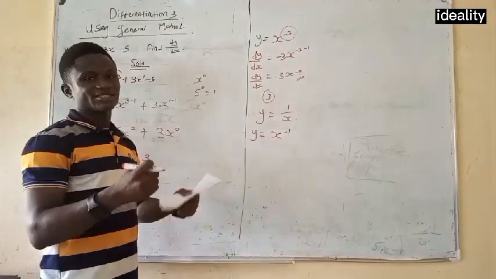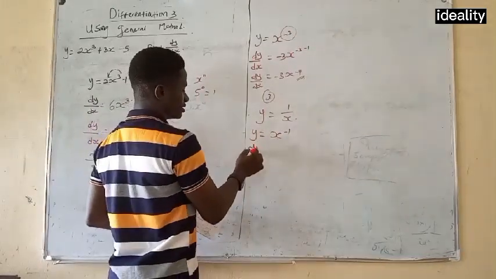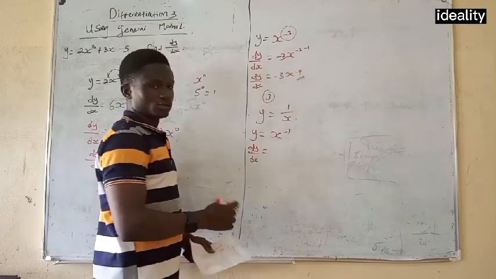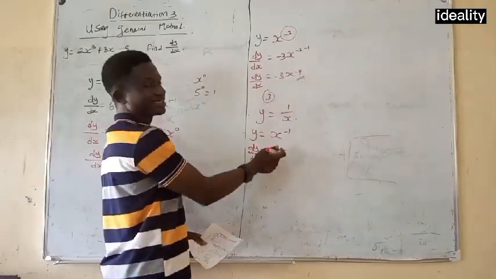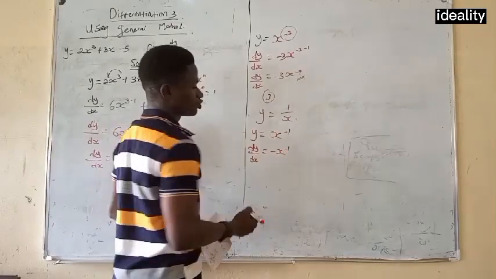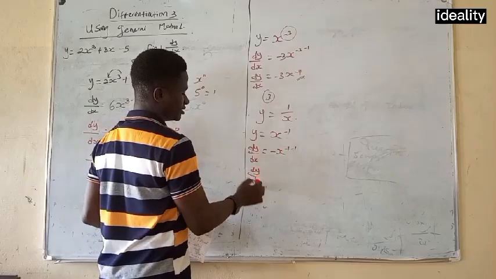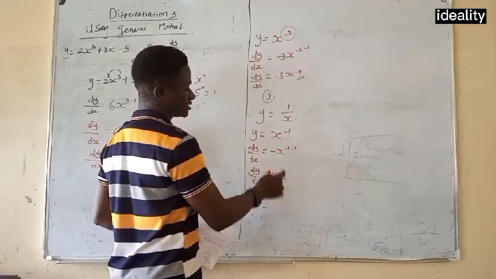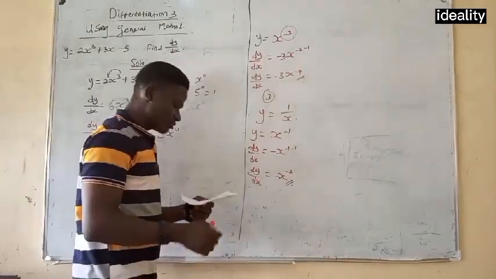Now, if I write it as x raised to the power minus 1, then dy/dx will be equal to minus 1, bring it here, then minus 1 times x raised to the power minus 1, then subtract 1. Then dy/dx equals minus x raised to the power minus 1 minus 1, which is minus 2.